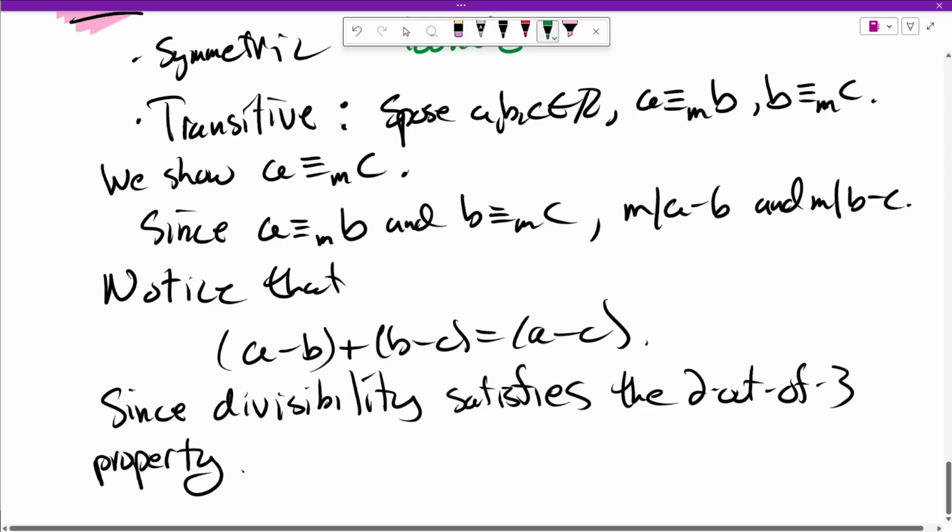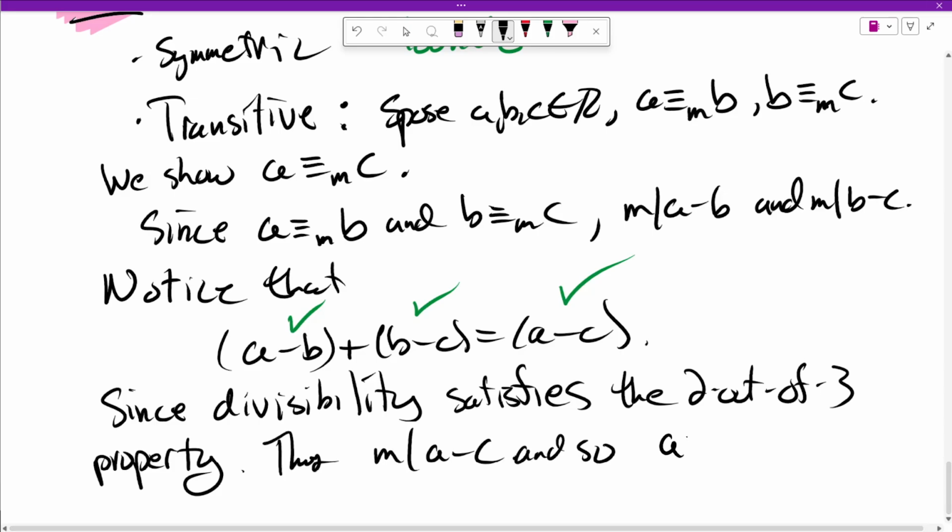In particular, we know m divides this one and we know it divides that one. So therefore, it must divide the third. But m dividing a minus c is exactly saying that a is congruent modulo m to c. So that's certainly one way of going about this proof, and that's what we want to show for transitivity.